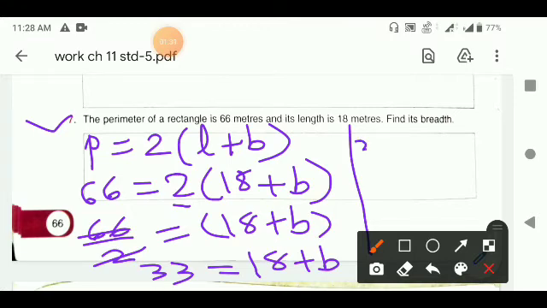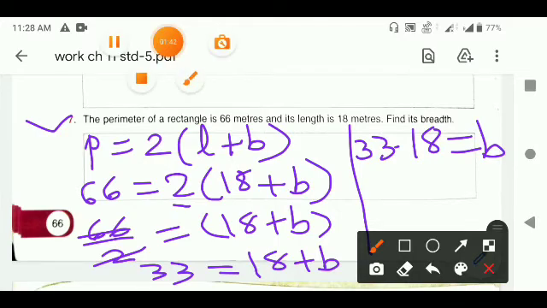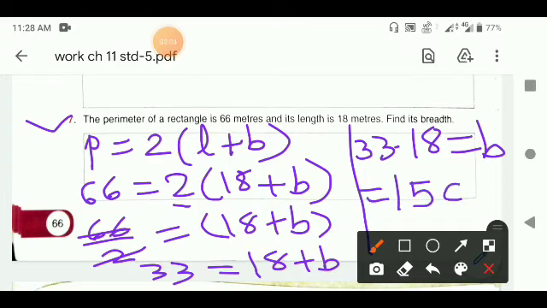So 33 minus 18 is equal to b. So 33 minus 18 is equal to 15 meter is the breadth of this rectangle.